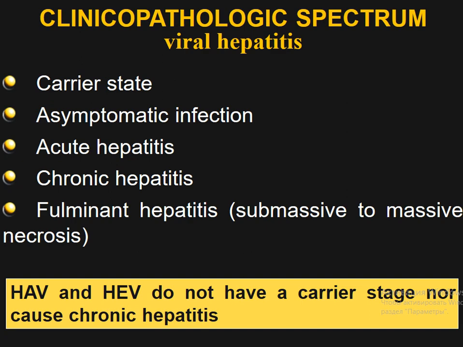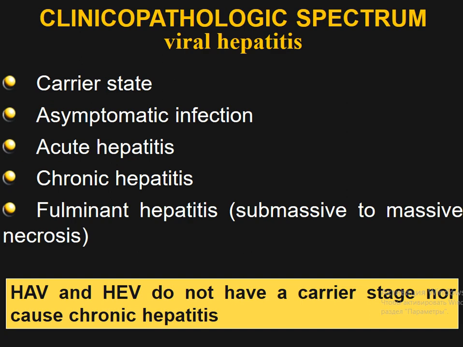And fulminant hepatitis, related or accompanied with submassive to massive necrosis, is the most severe form of acute hepatitis in which there is rapidly progressive hepatocellular failure.